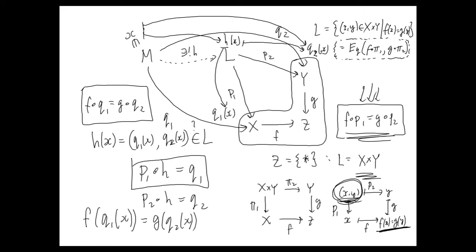So why is f q1 of x equal to g q2 of x? We want it to equal, otherwise this element that we are defining h of x to be will not be an element of L. Can we guarantee f q1 of x to equal g q2 of x?